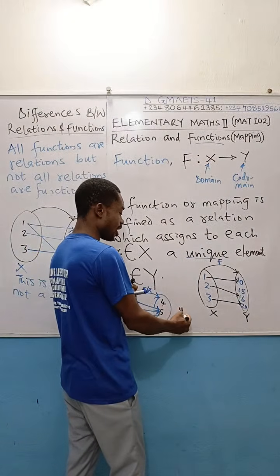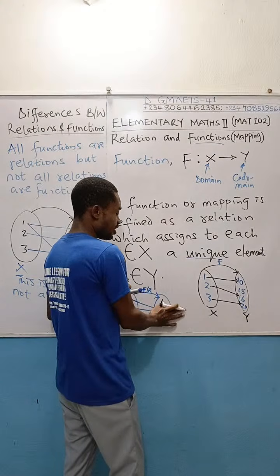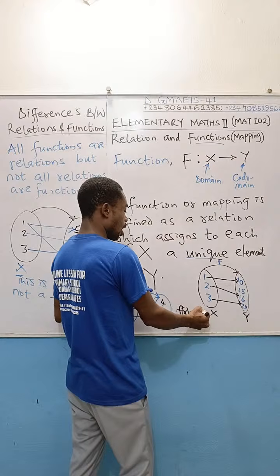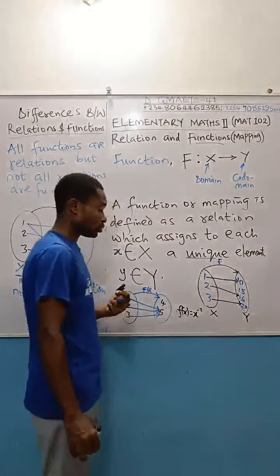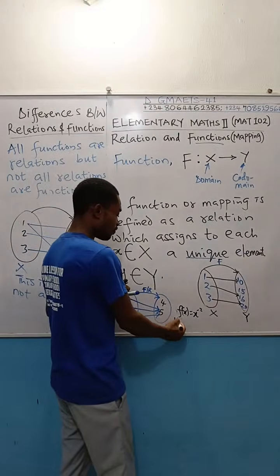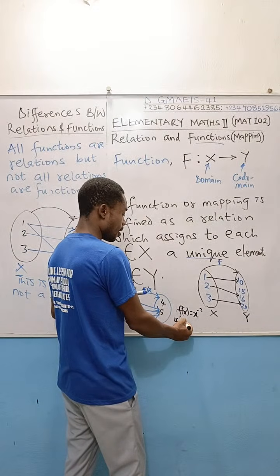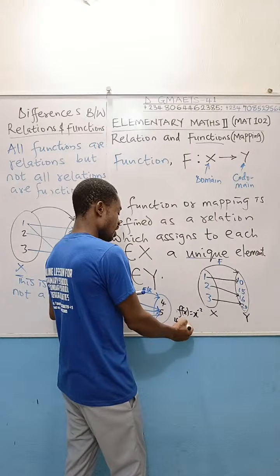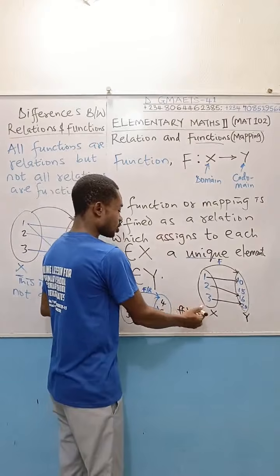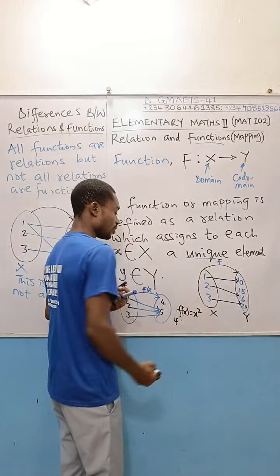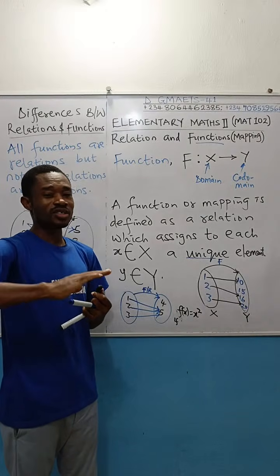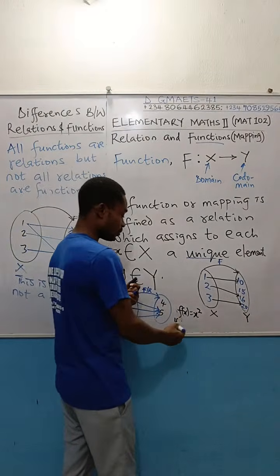If I define f of x to be equal to x squared, because this is where the concept of even and odd functions comes into play. And like I said, we're going to discuss all of those as we move on in this topic.